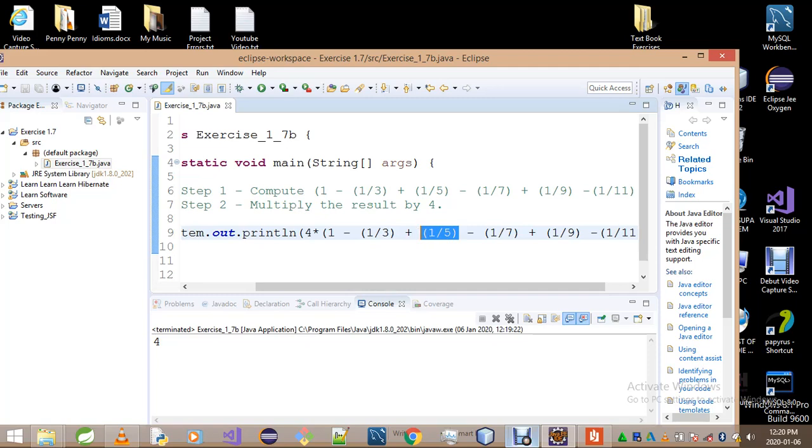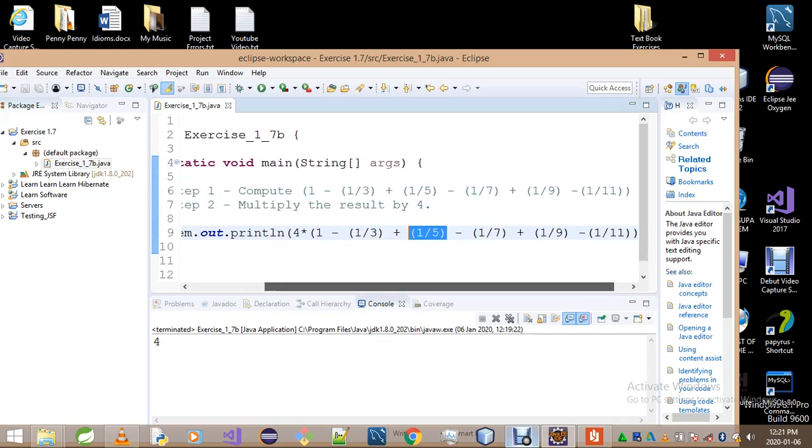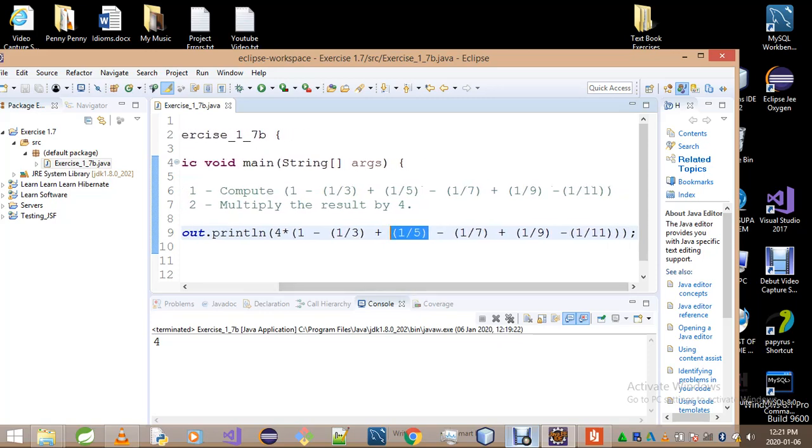This is supposed to be 0.2, but because these are both integers, 1 and 5, the whole thing is treated as an integer, which is 0 instead of 0.2. I think you guys are clear with that. So let's solve that right now.